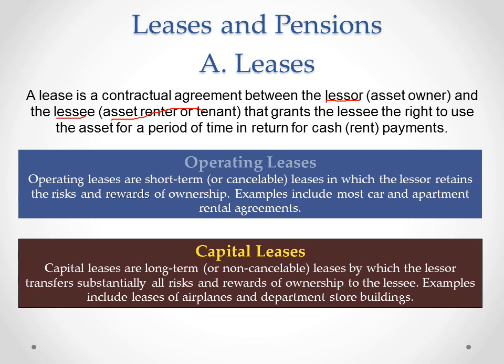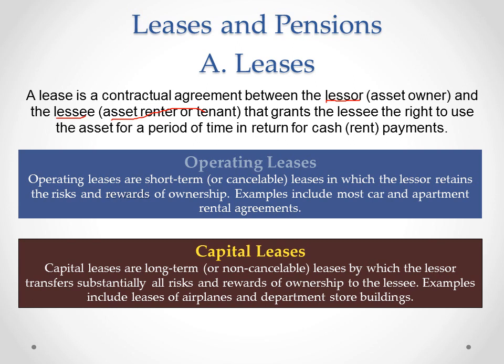The lessee will rent the apartment from the owner and will pay him a certain amount of money, usually in the form of cash. So the owner will receive the cash. This cash we call the reward of ownership, so he's rewarded for owning this apartment by receiving cash. At the same time, he will bear the risk.